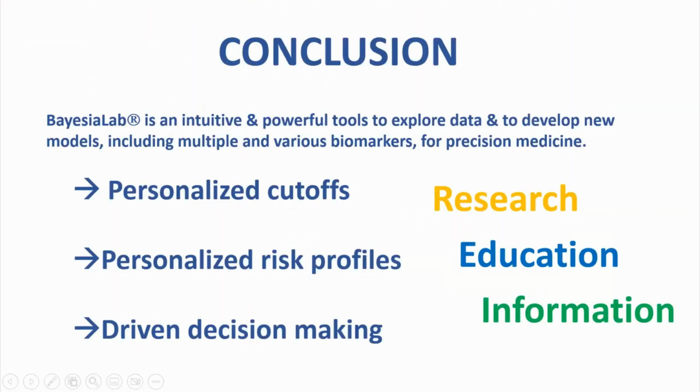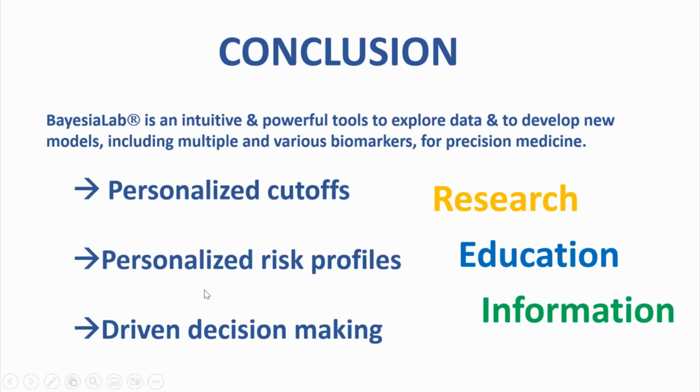So to conclude, BayesiaLab and this type of application are powerful tools to explore data and to develop new models for personalized cutoffs for markers such as prostatic specific antigen. It can be evaluated by body mass index, by prostatic volume, by genetics.